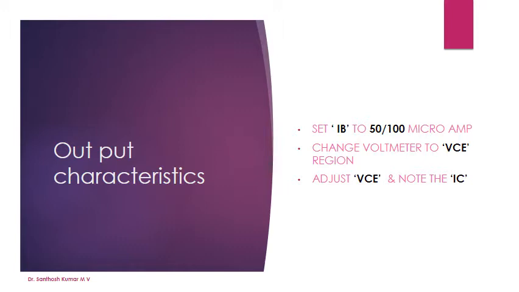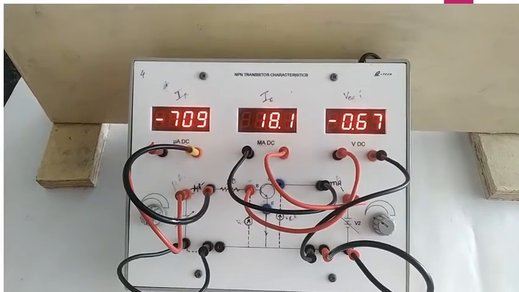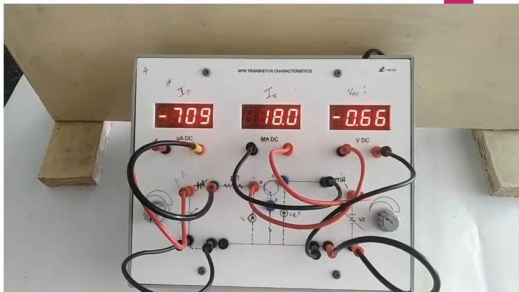In this particular case we are going to keep IB fixed, and then we will vary VCE, and we are noting the collector current in the ammeter. This is a simple procedure. We can see it in detail in the next slide. We will see the output characteristics.